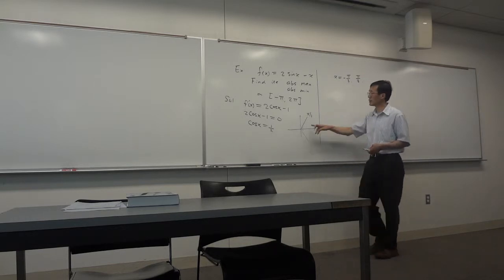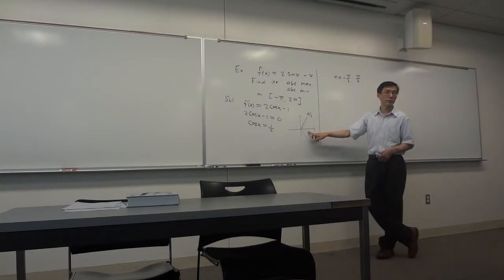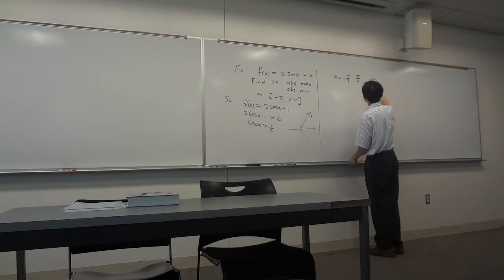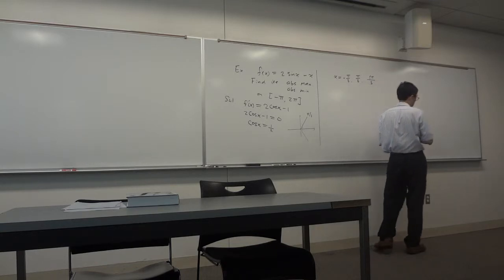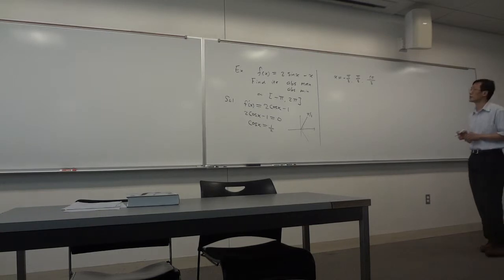And the last one is you rotate until you're almost 2 pi, so that will be 2 pi minus pi over 3, which is 5 pi over 3, right? Yeah, that's right. 5 pi over 3 plus pi over 3 is 2 pi. So we got those 3 numbers.